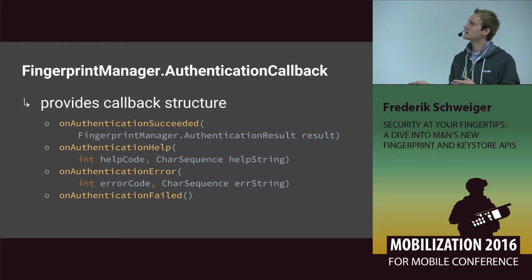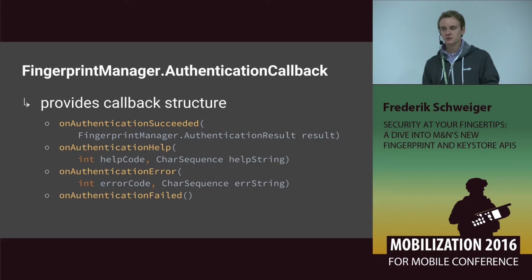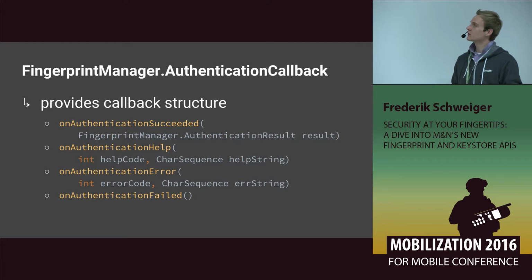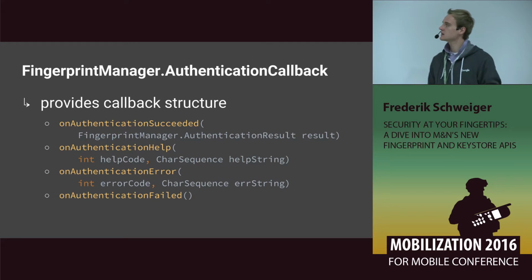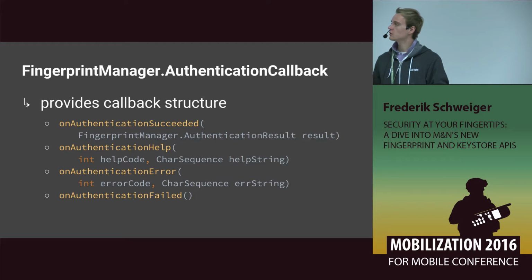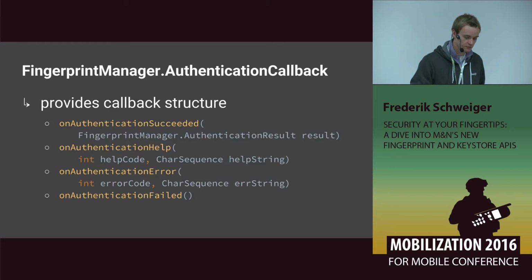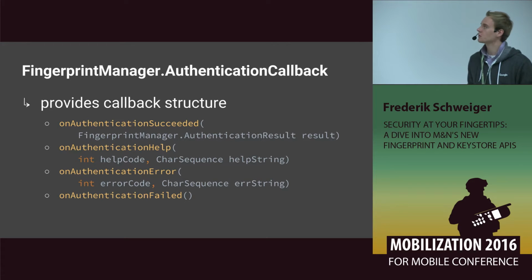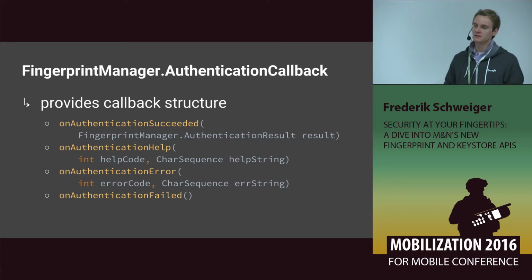So they're more or less the same. The help is more to swipe the finger more slowly or keep it longer in place, and the error would be called, I think, when the sensor is too dirty or something like this. OnAuthenticationFailed is called when there's an error or an issue with the fingerprint. So this is what you should know as an Android developer, and implement the fallbacks for that.